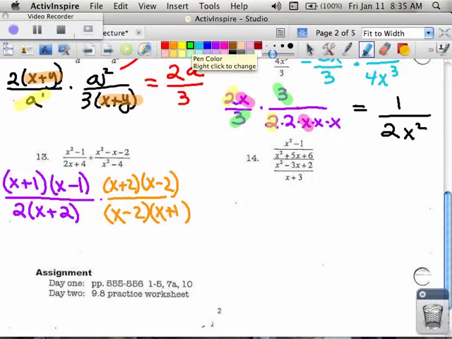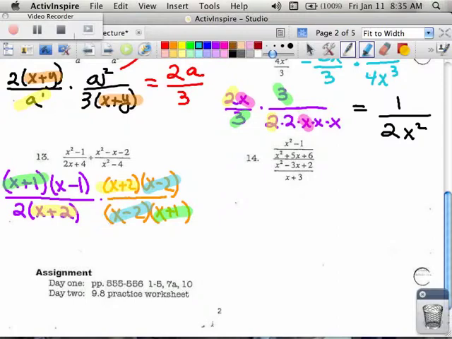So when I'm reducing, I see an x plus 1 up on top. I also see 1 on the bottom. I see an x plus 2 on the bottom, and I see an x plus 2 on the top. I see an x minus 2 on the top, and an x minus 2 on the bottom.